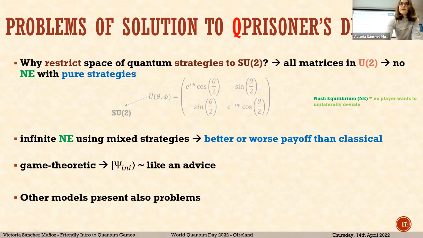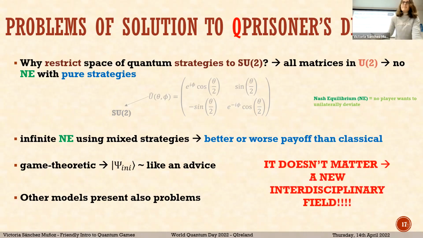And other models of this also present these problems or similar ones. But it doesn't matter, because thanks to this proposal, this paper in '99, the field of quantum games started. There was no such thing before.